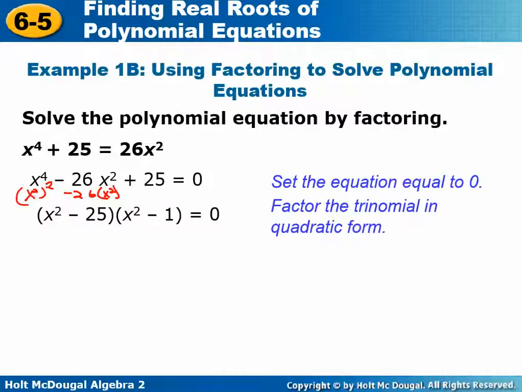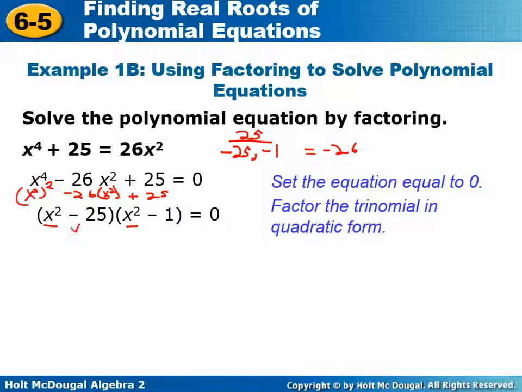So we have something squared minus 26 something plus 25. So if I look at x to the fourth as being x squared and x squared in my parentheses, then you're looking for the factors of positive 25 that would equal a negative 26. So that's why they use negative 25 and negative 1, because if you add those together, you get negative 26.